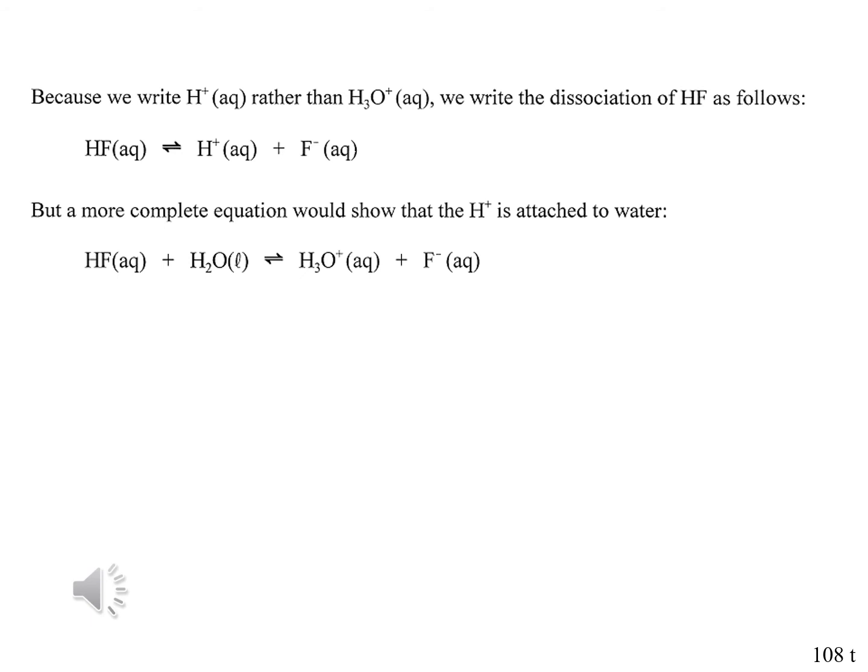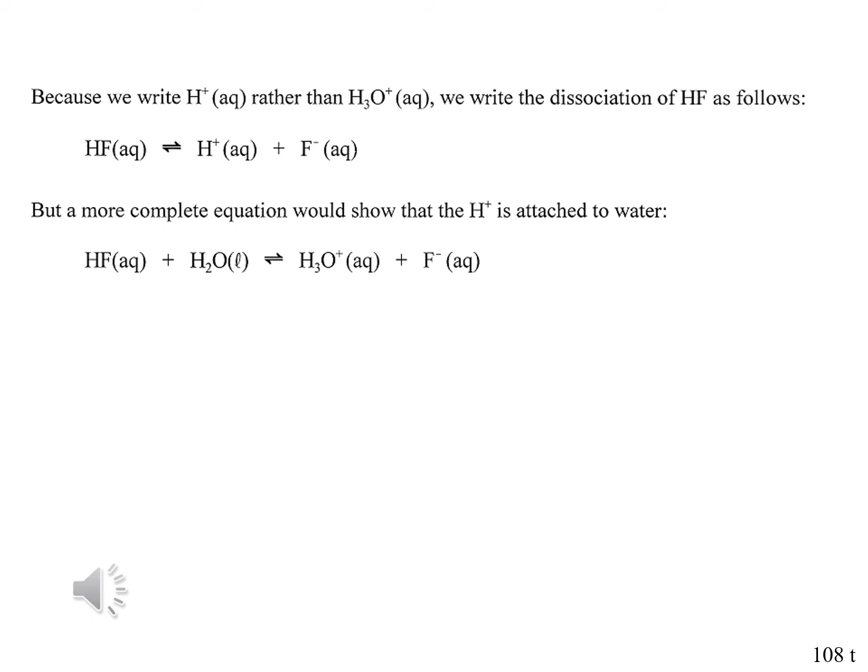So in this case, I'm going to write HF the way we've been showing it, dissociating into H+ and F-. But because we know about H3O+, what this actually does is that HF donates the H+ to a water molecule.